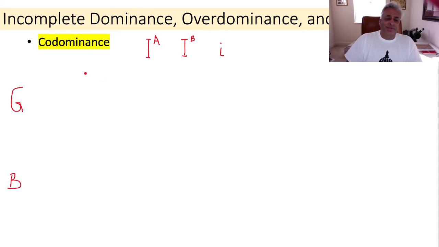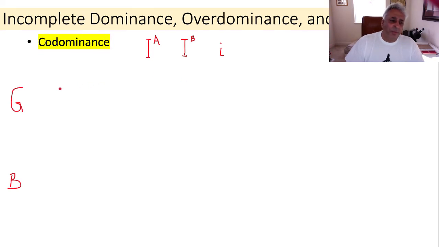So let's go for various combinations of these 3 alleles, right? As you know, when you have 2 possibilities and you have 3 alleles, that will lead to different types of phenotype.